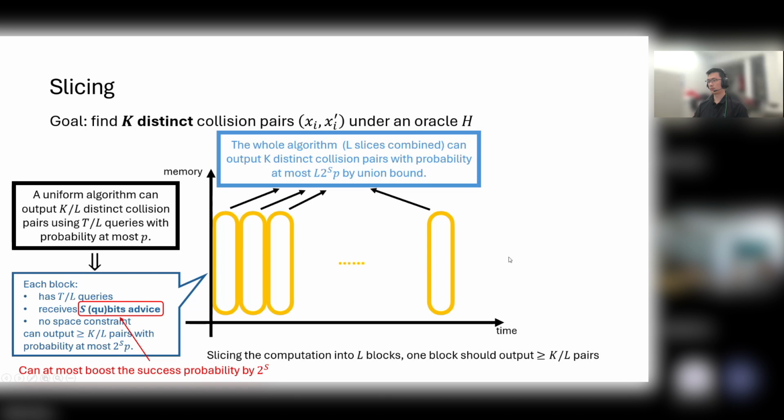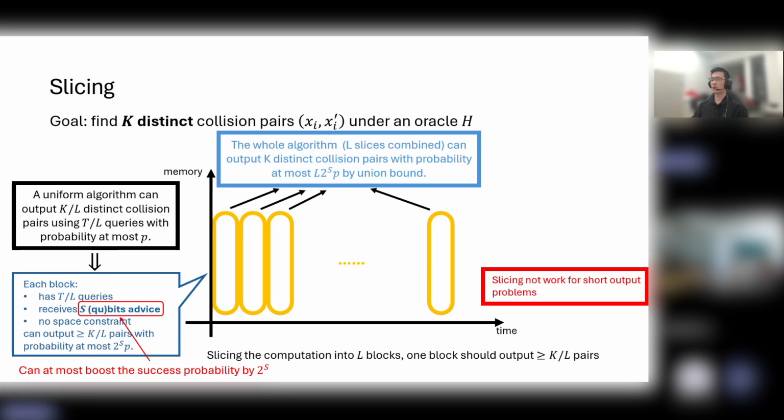So now we reduce a space-time trade-off problem to a time bound problem. We don't care about space anymore because we guessed the advice in each part. So we get rid of space, and we are only interested in the relation between the number of queries you use and the probability that you produce k divided by L pairs.